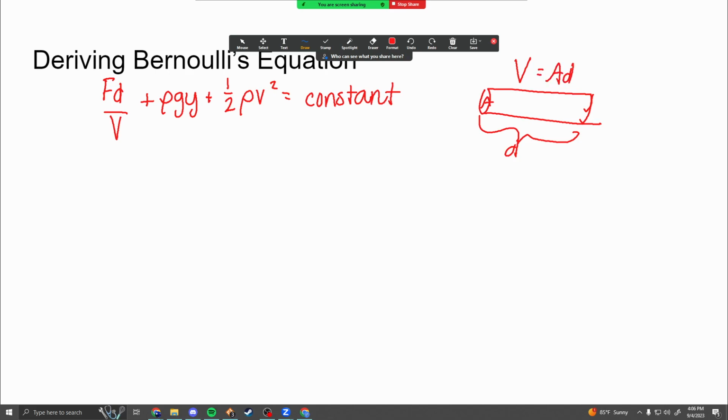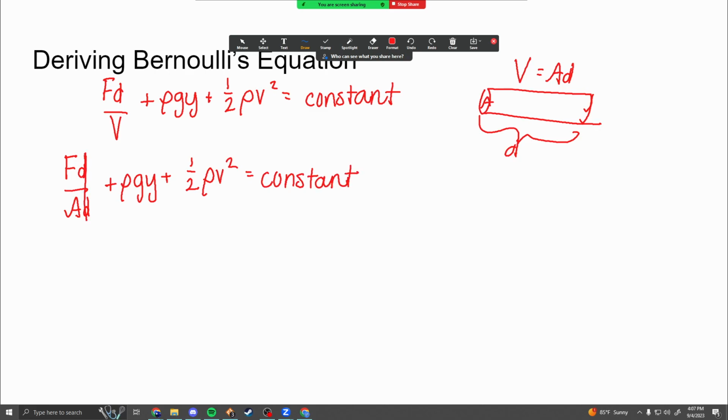So that will help us out. I'm going to plug that in here. So this is F d over A d plus rho g y plus 1/2 rho v squared is going to be a constant.